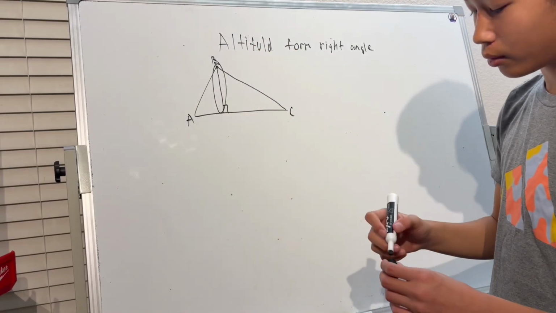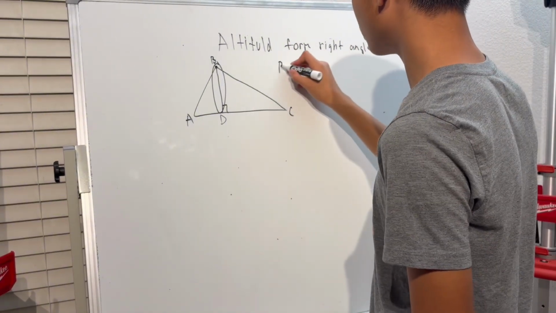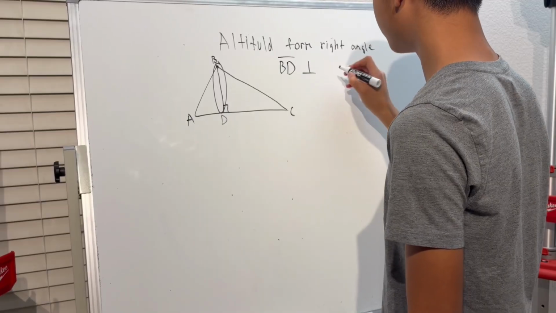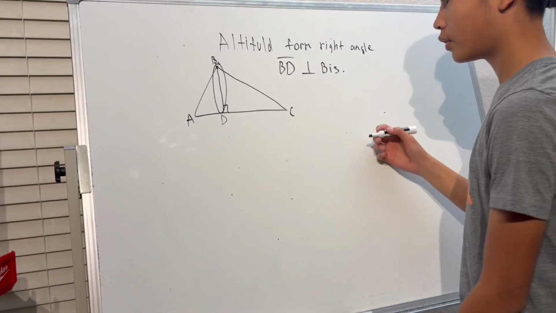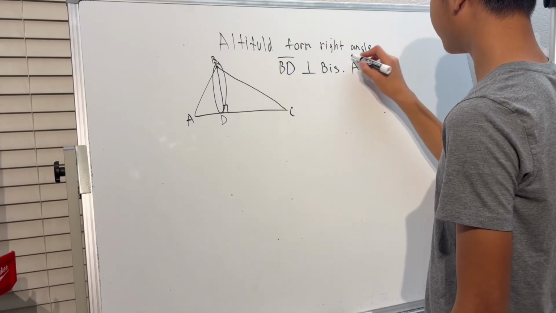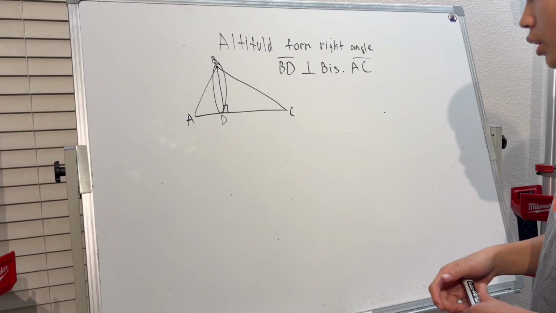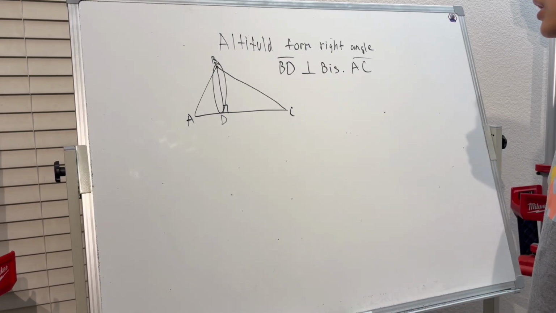It just forms a right angle. Let's write D. And also know that segment BD is perpendicular bisector of side AC. That's it for the altitude. It forms a right triangle, and BD is the perpendicular bisector of AC.